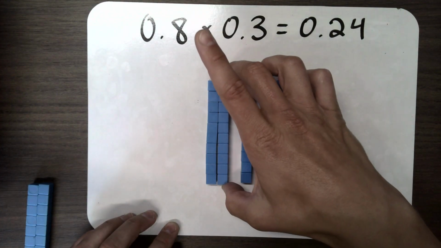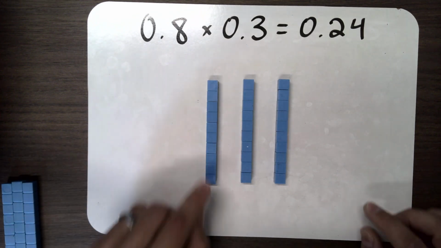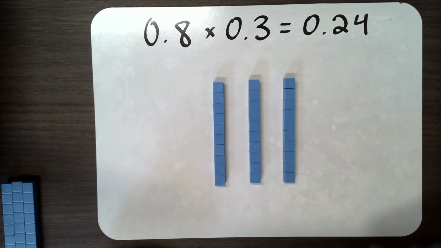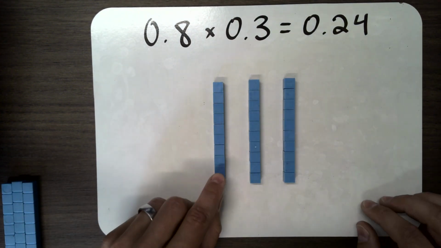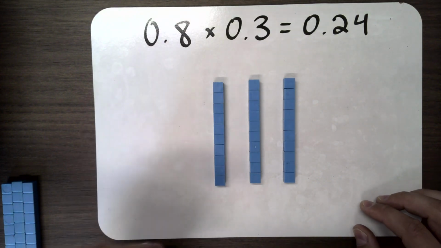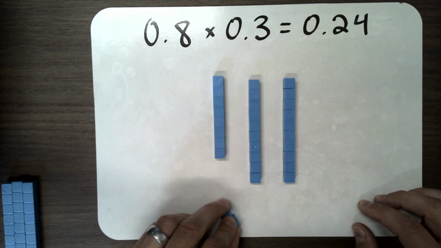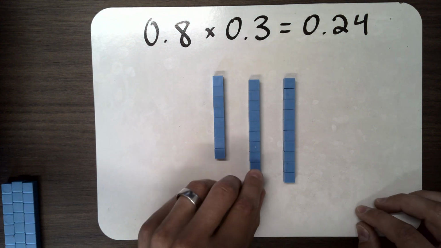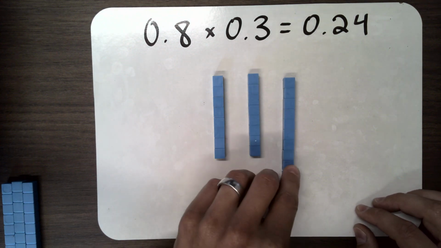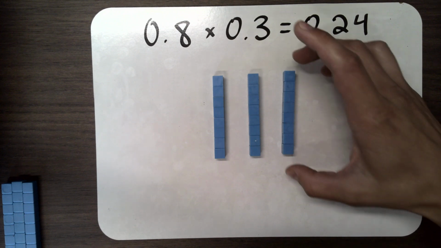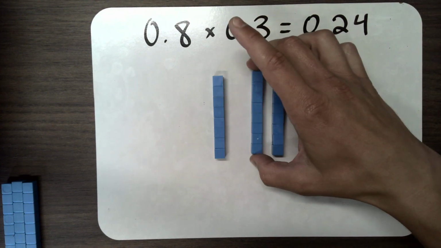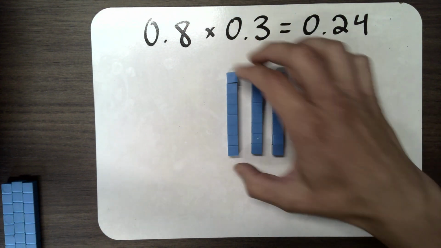Let me straighten these out a little. If I want to keep 8/10 of each of these, then break this into 10 equally sized parts and keep 8. Those 2 I don't need. Same for this one, and same for this one. So this is 8/10 of that original 3/10.